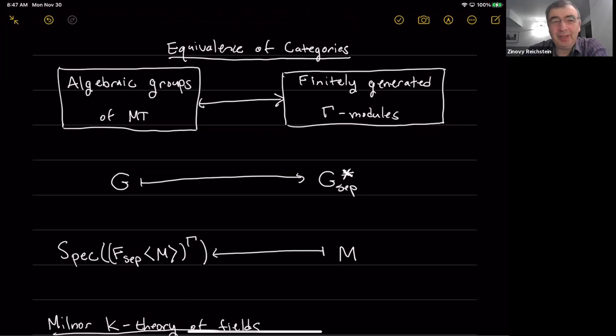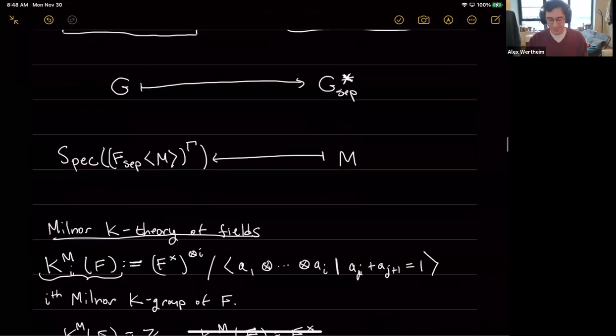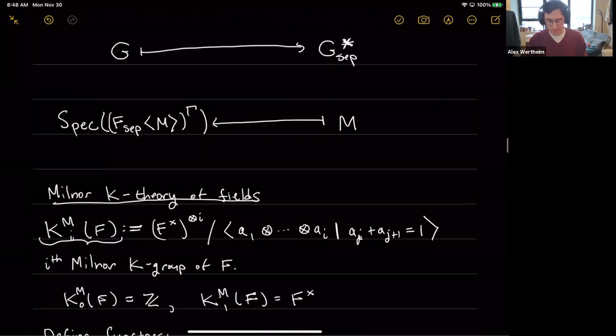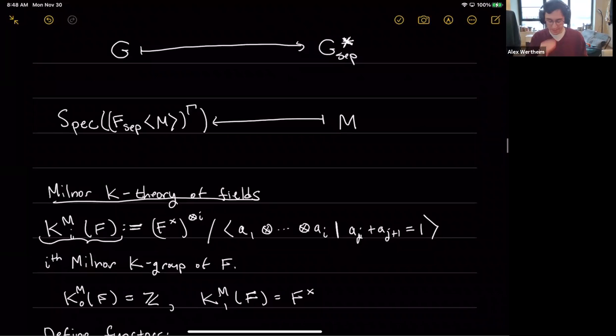Do you have any conjectures as to what degree 2 invariants might be? We have something in the works. There's ongoing work with Professor Merkuriev. Let me write something.